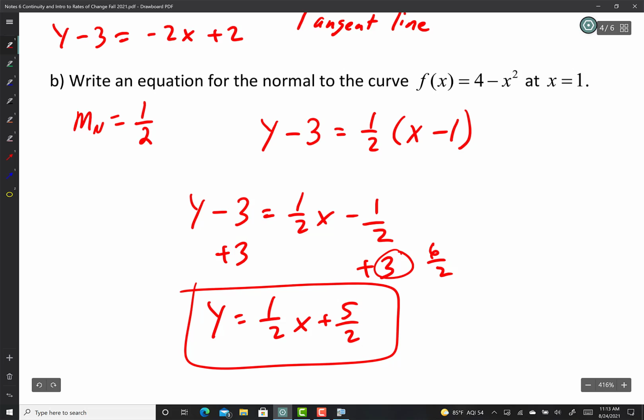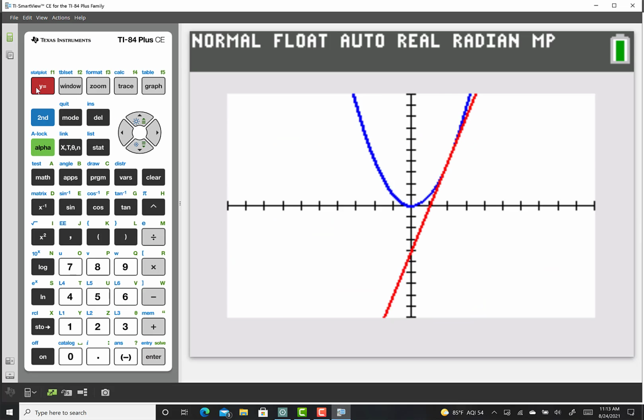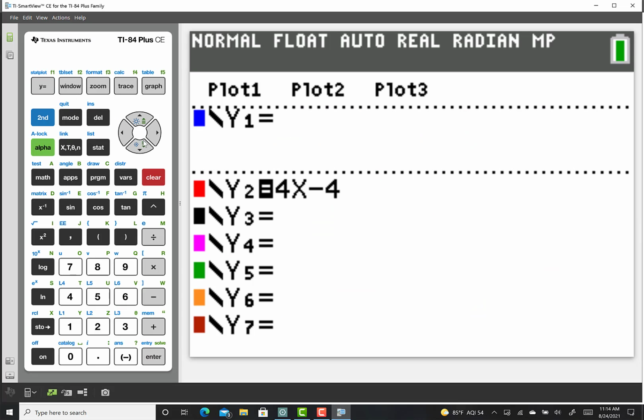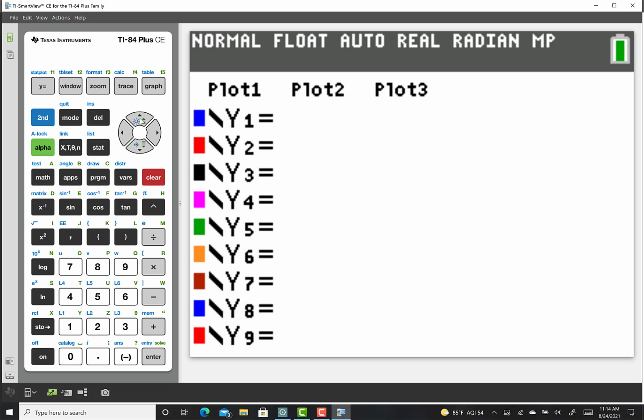Now, guys, I want to see a visual, so I'm going to show you something. This is your normal line. Anytime you get an opportunity to use your calculator to see a visual, I think you should use it. So check it out. I'm going to type in my y1, 4 minus x squared, because that's the equation, right? 4 minus x squared.